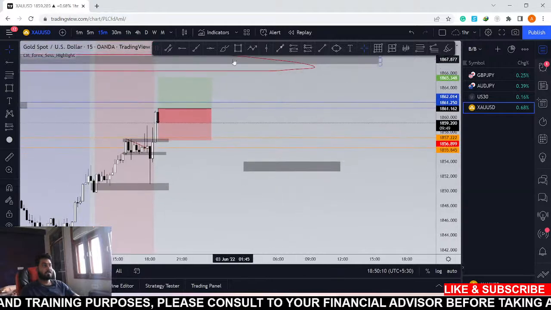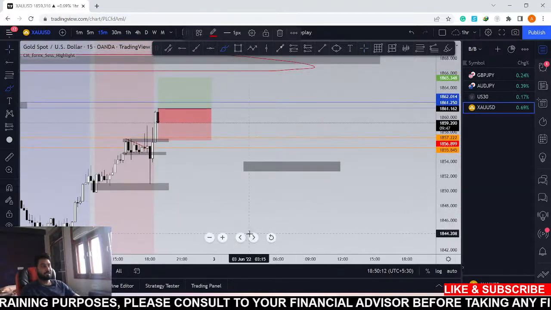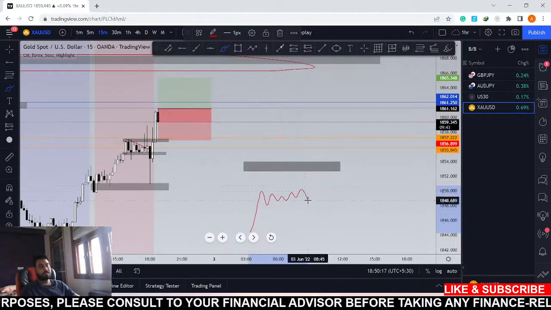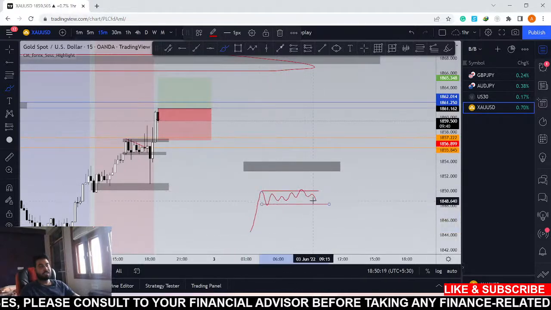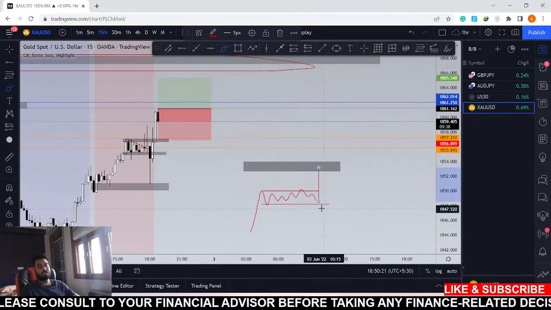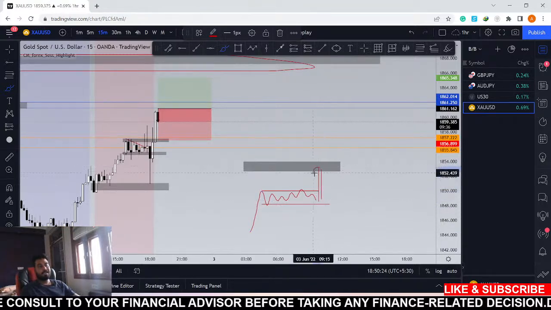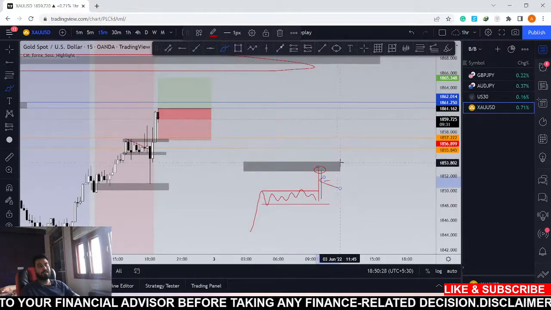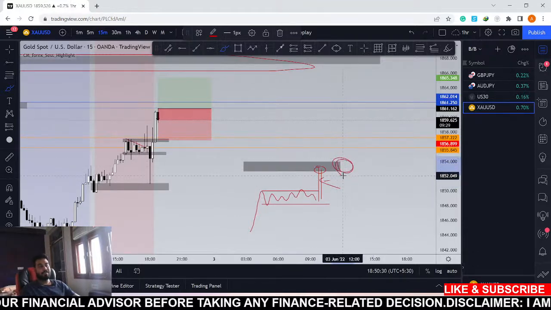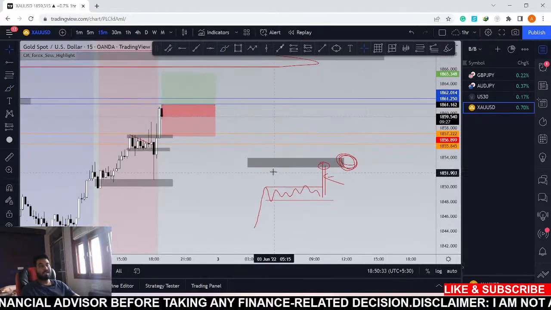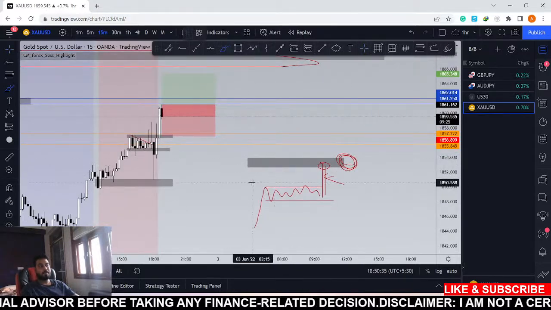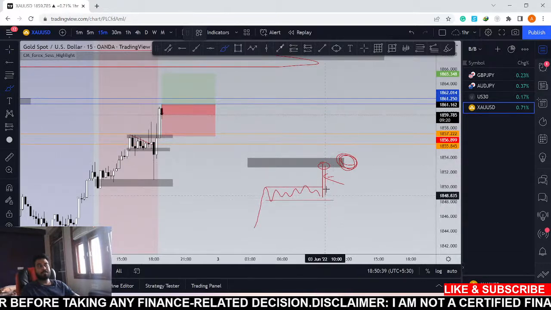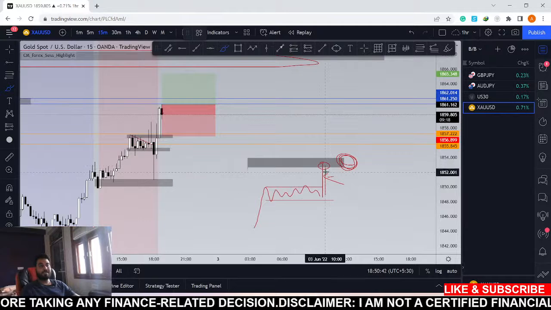Suppose you have a resistance like this, and the market goes up, and before the resistance you get a range, and then you get a nice bullish candle. Then there is a high chance that it will break this resistance. From my experience, I have observed that if you get a range just below the resistance, and then a nice bullish candle, there is a high chance that it will break the resistance.